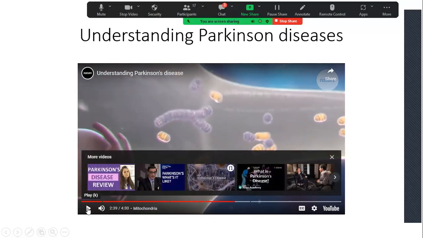So the other mechanism of Parkinson's is mitochondrial dysfunction, where they're getting faulty, and methylene blue, stem cells, exosomes, oxytocin, and all those mitochondrial drugs can help.